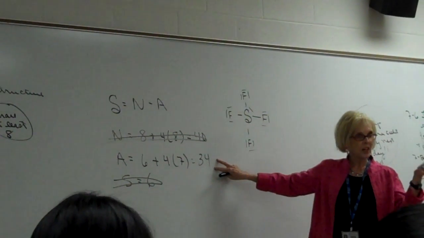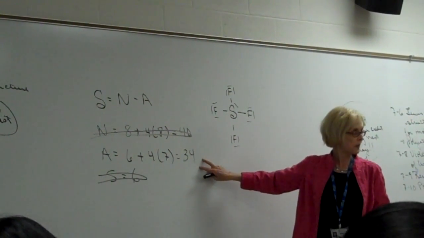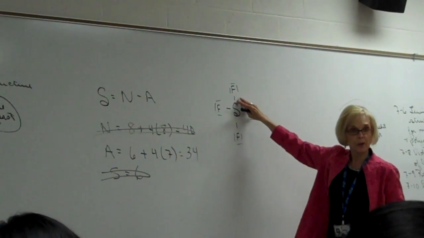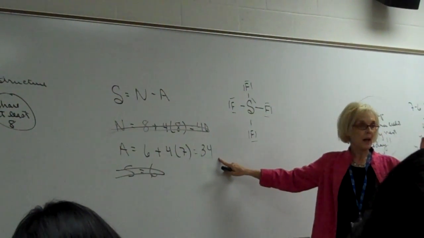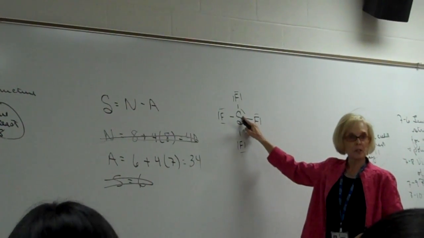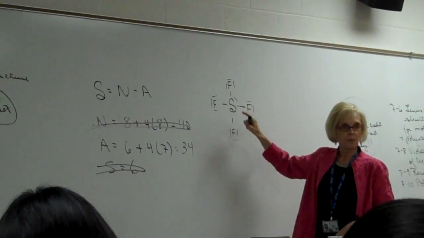Remember how I said check that A? A is critical. You've got to use every bit there. Before I put that lone pair up there, I had only used 32. I have to use 34. Who gets it? The central atom, always.